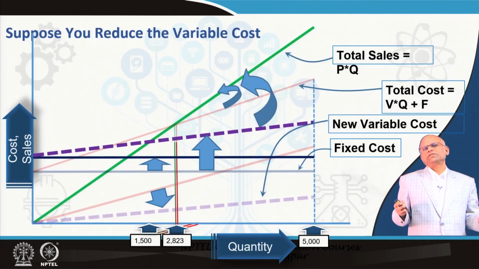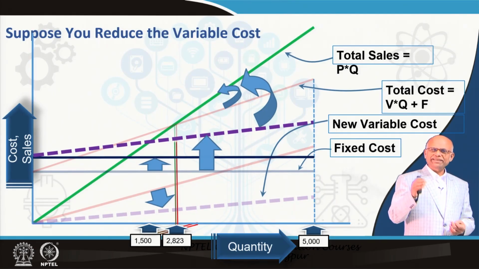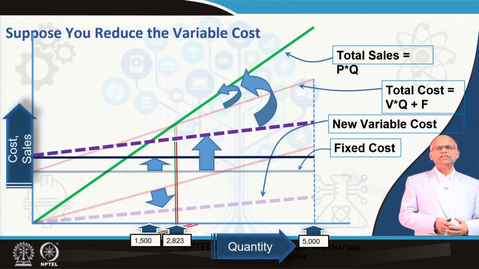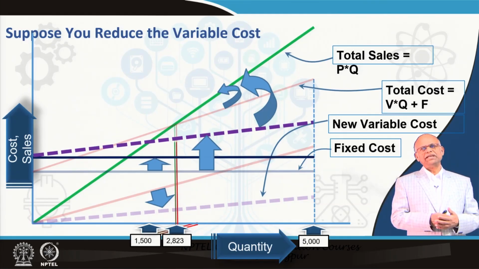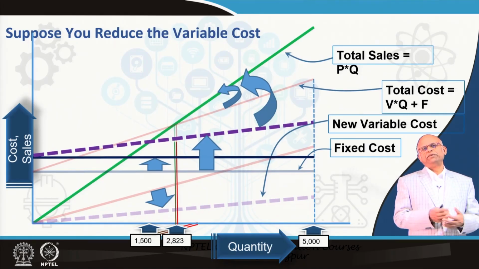Suppose you reduce variable cost as well as increase the fixed cost. The example that I just now gave, that is, you are going for automation. So, your fixed cost goes up and your variable cost goes down. If that is the structure, then what happens?